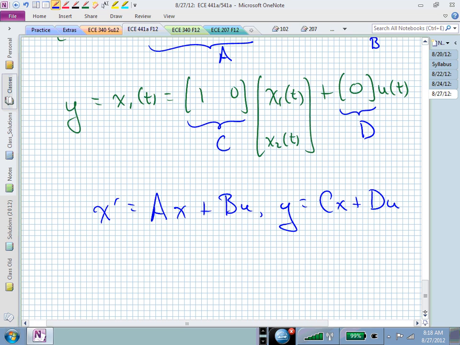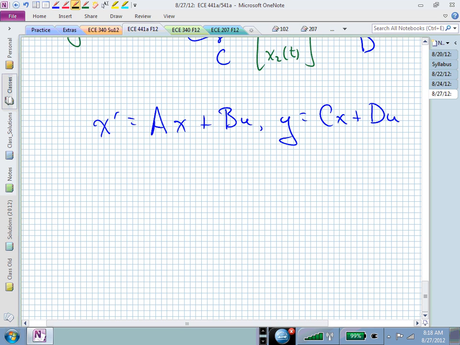Let's go ahead and Laplace transform. These are now all functions of time. The Laplace transform of the output equation is trivial because they're all at the same point in time t and there's no derivative present. But let's Laplace transform the dynamic set of equations, which is the x' = Ax + Bu, and see what we end up with.